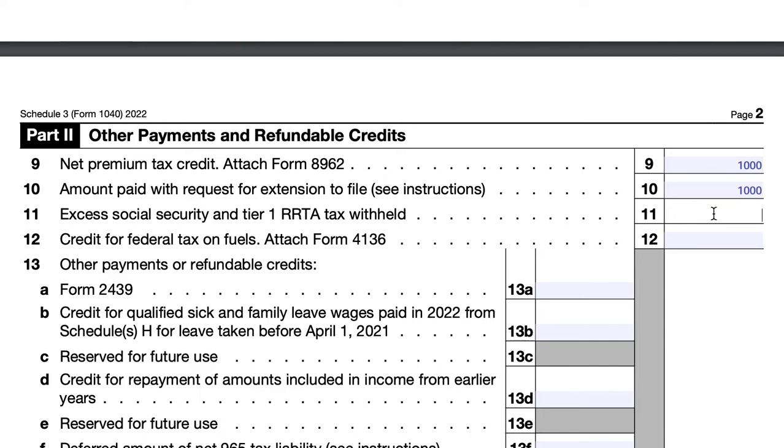If you work for more than one employer, or if you work for an employer and you have self-employment income, then you may be susceptible to excess Social Security or Tier 1 railroad retirement tax benefits withholding.